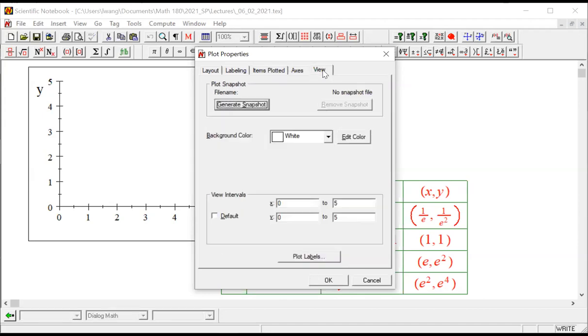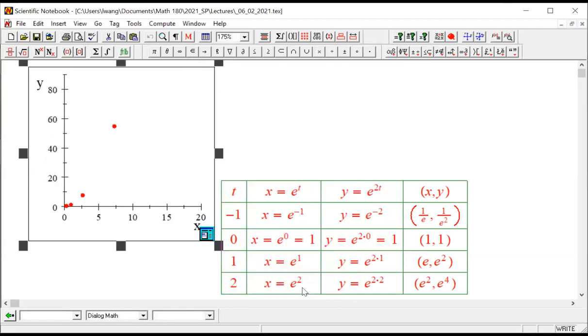Okay, for which I will have to make some adjustment, e to the power. Wow, it's a very large number. But anyway, I'm going to say 20, and this is 90, to accommodate all these points.